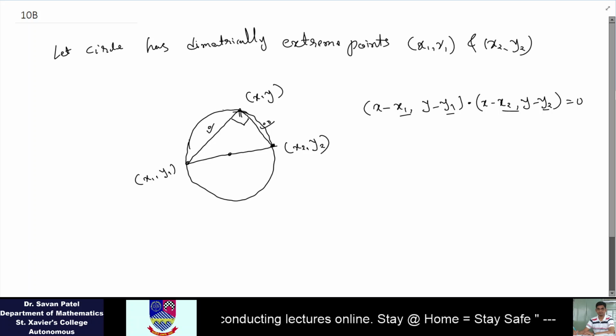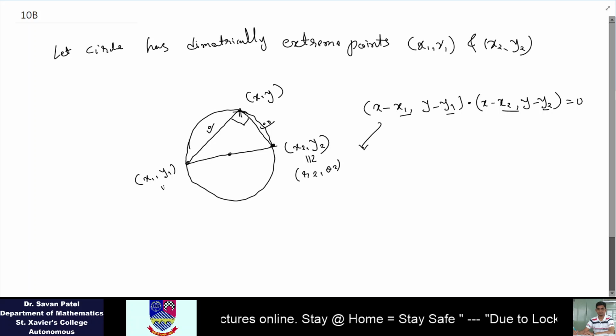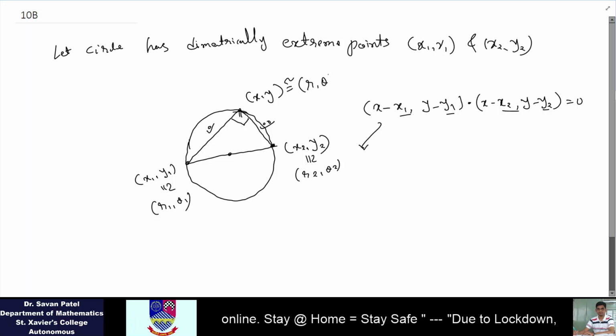On the circle, we know this angle is 90 degrees. Using that identity, if you want to convert this to polar form, this point is equivalent to r2, theta 2, this is equivalent to r1, theta 1, and this will be equivalent to r, theta.